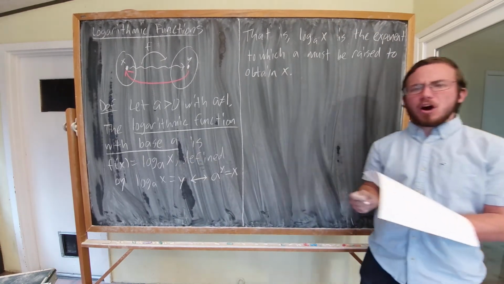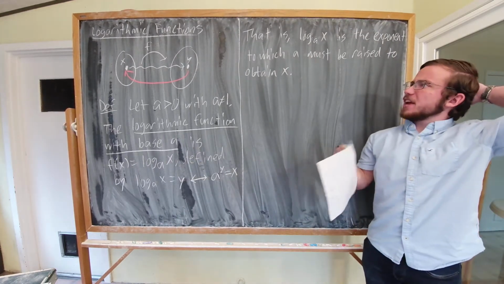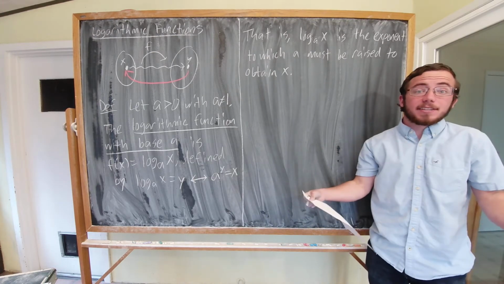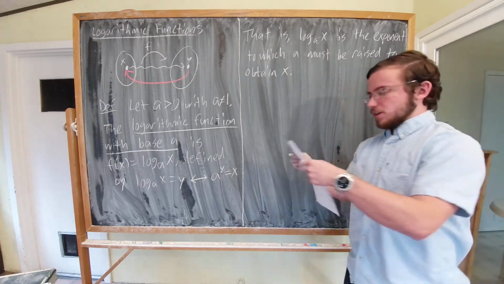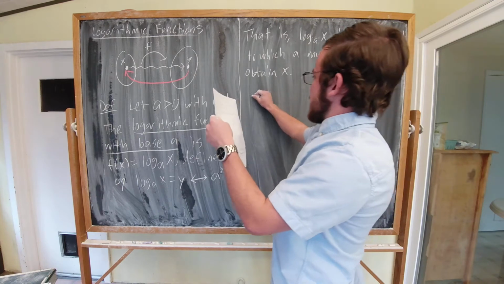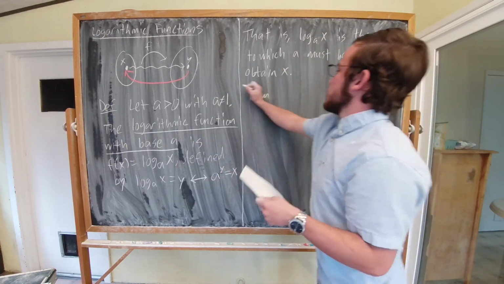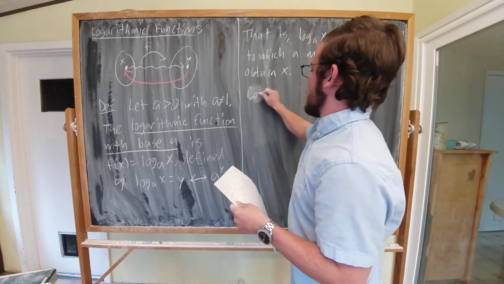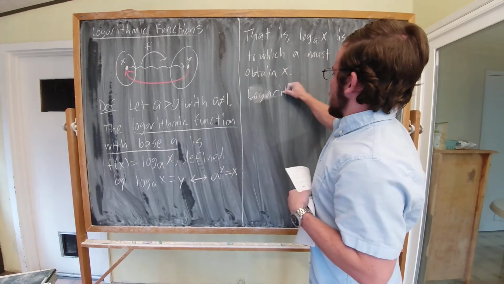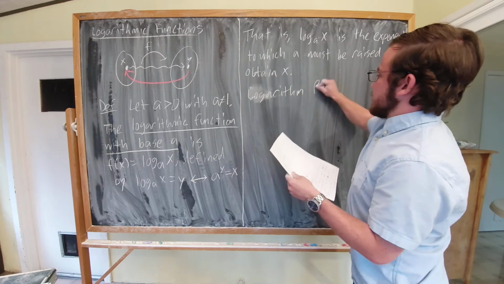And all of the properties of logarithms really center around the fact that it undoes exponential functions. So, the domain of log base a of x, or sorry, let's just put this under a proper heading. Logarithm properties.